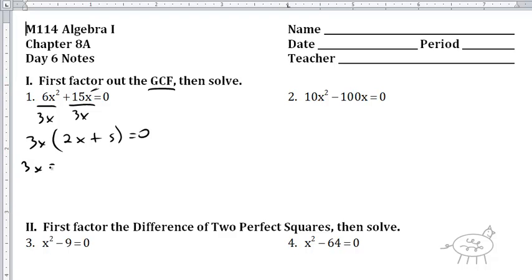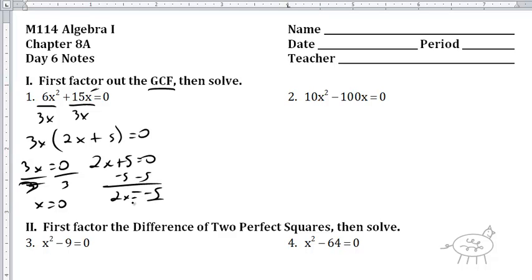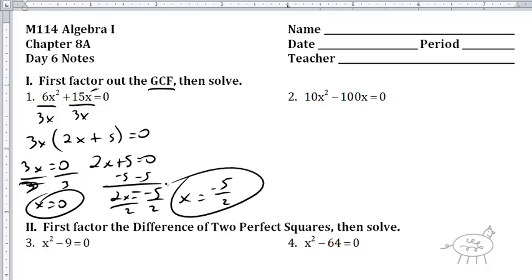So 3x equals 0 and 2x plus 5 equals 0. Divide by 3, so x equals 0. Subtract 5, 2x equals negative 5, divide by 2, x equals negative 5 halves. So 0 and negative 5 halves. Pretty easy.